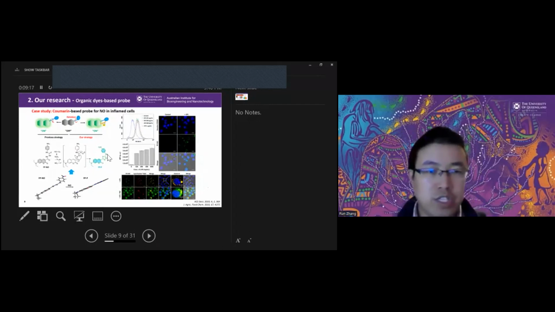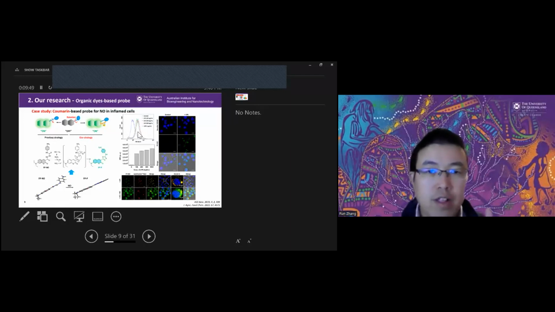And previously, we also have some research work on organic dyes. Here, just to show one example, we have this probe for nitric oxide detection. You can see here, after reacting with nitric oxide, the rotation of this bond will be blocked, inhibited. So that means the quenched fluorescence of this probe will be switched on, and we use this probe for nitric oxide detection in inflamed cells.